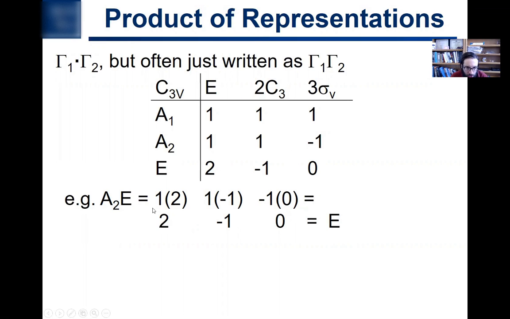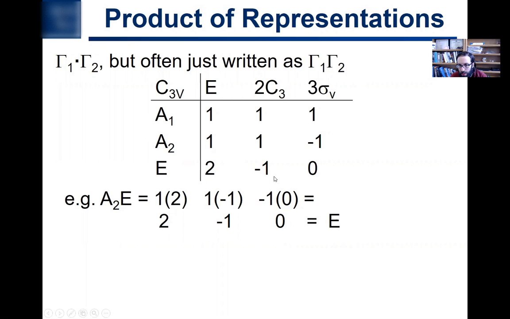So you're just taking the first component, 1 times 2, 1 times negative 1, negative 1 times 0. That ends up with 2, negative 1, 0. Then you look at the character table and you realize that the vector 2, negative 1, 0 is already an irreducible representation. That is what E is. So A2 times E is just equal to E, okay?